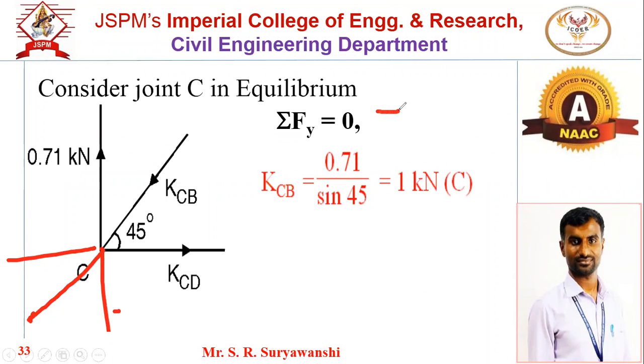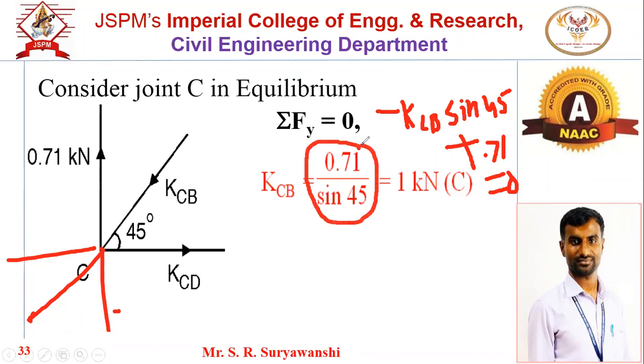So minus KCB sine 45, and plus 0.71, as this is purely vertical upward, so 0.71 will be positive, is equal to 0. If you simplify, we get 0.71 divided by sine 45. So that will be KCB.